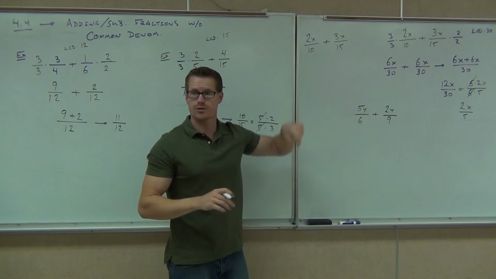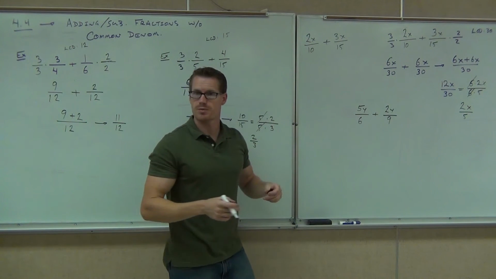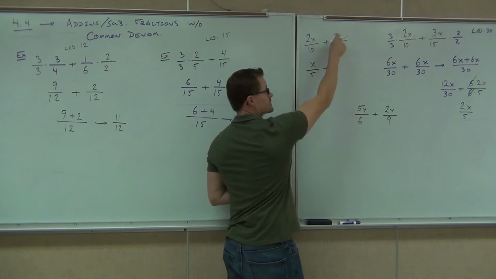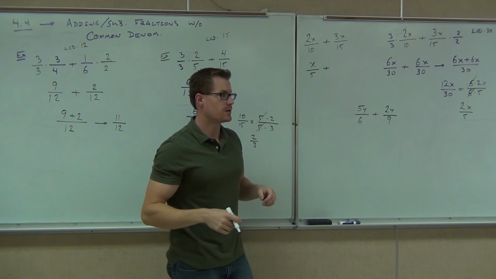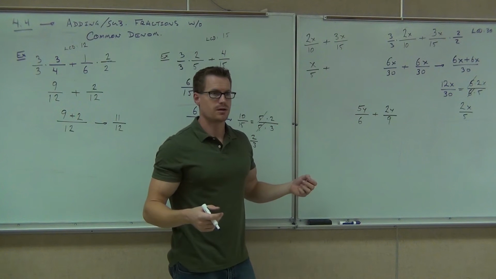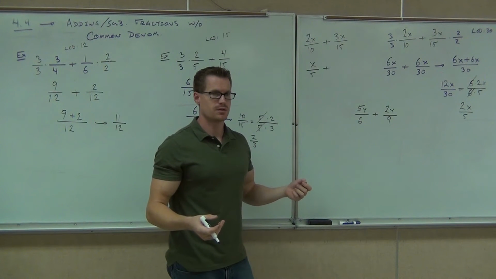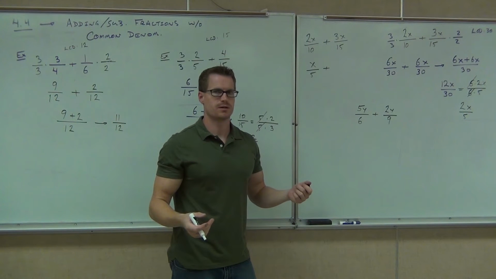That's actually x over 5. Divide both the top and bottom by 2, you get x over 5. And the 3, this actually you can simplify. 3 goes into that. That's x over 5. Do you see that? If you don't, shake your head, that's fine. Yes or no?